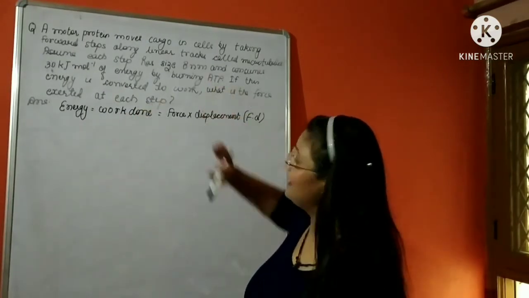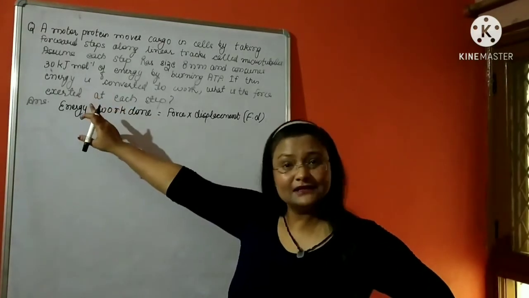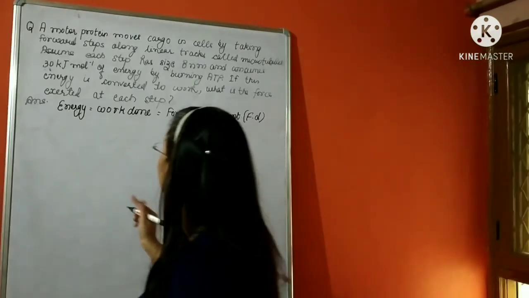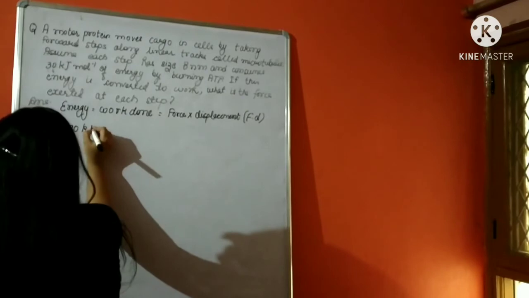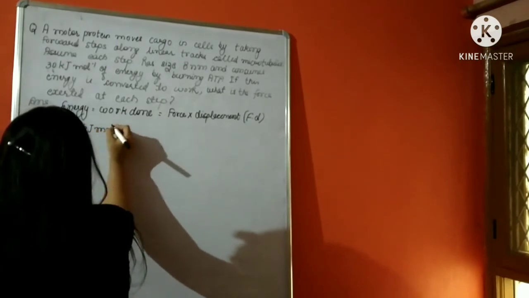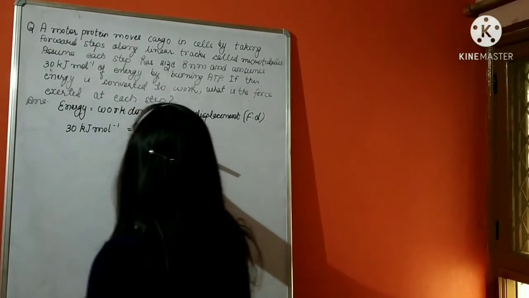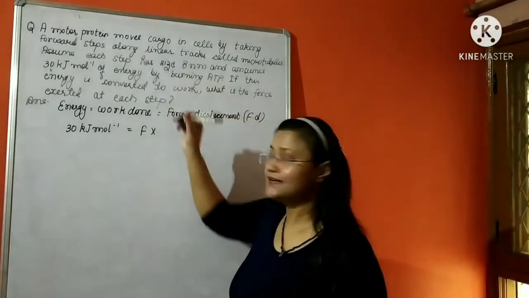Now we are given energy. What is the value of energy over here? It is 30 kilojoule per mole. So we will write it over here. 30 kilojoule per mole. And force we need to find out. And what is the displacement over here? It is 8 nanometer.